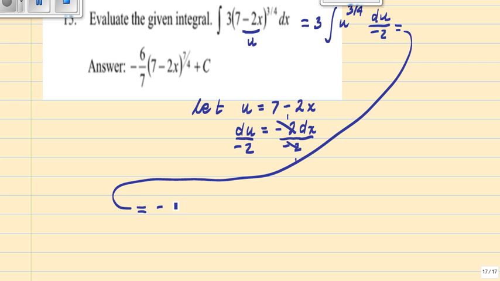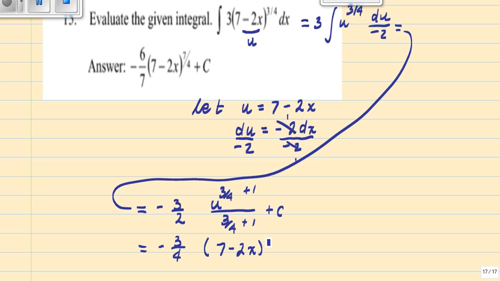which is the same thing as minus 3/2, and then u to the power of 3/4 plus 1 divided by 3/4 plus 1, and then plus c, which is equal to minus 3/2, and then this u is going to be 7/4, but u is equal to 7 minus 2x to the power of 7/4 and divided by 7 and times 4. So 4 and 4 cancels, plus c.